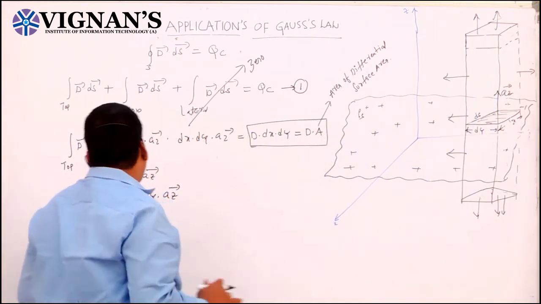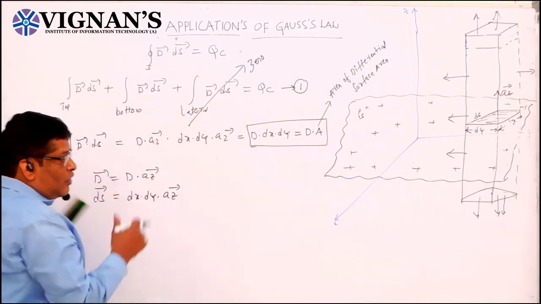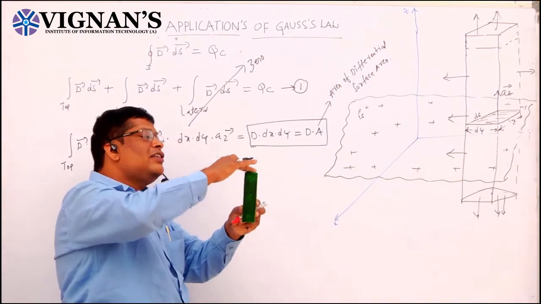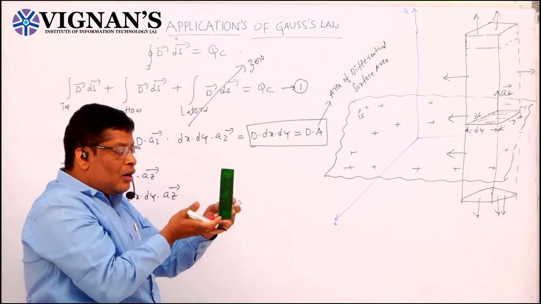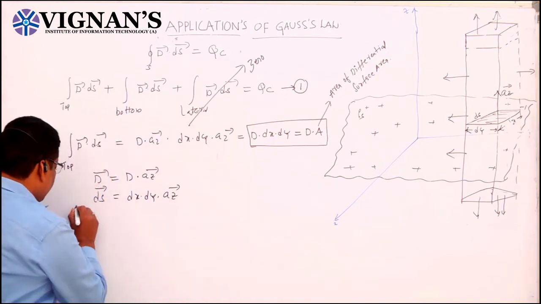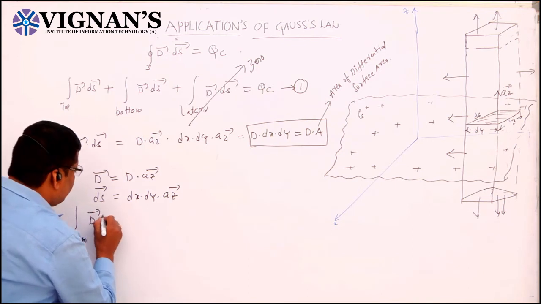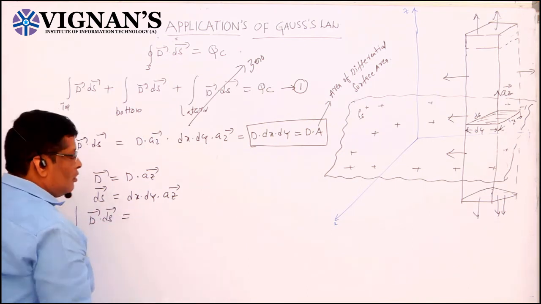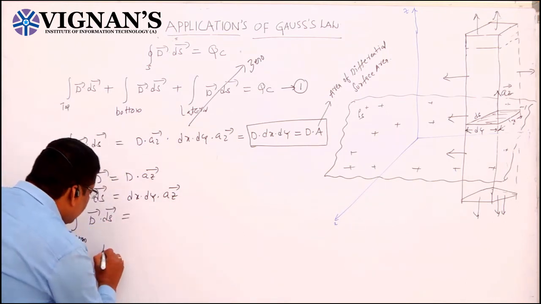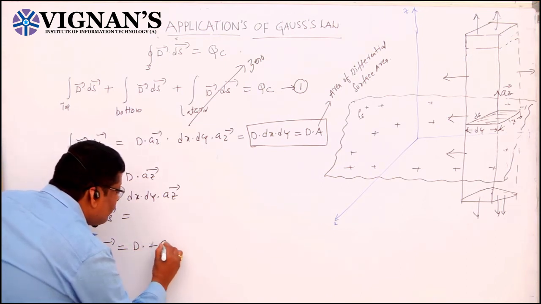In the same manner, we are going to find out how much flux is leaving from the bottom surface. We already calculated the flux leaving from the top surface. Now for the bottom, D bar dot dS bar. Here D bar equals D into minus az bar.